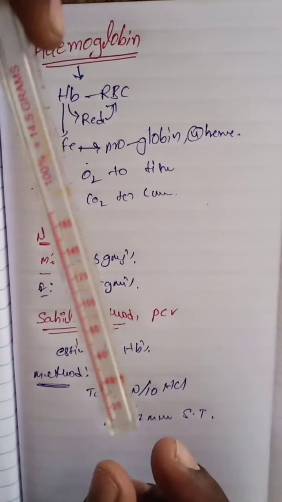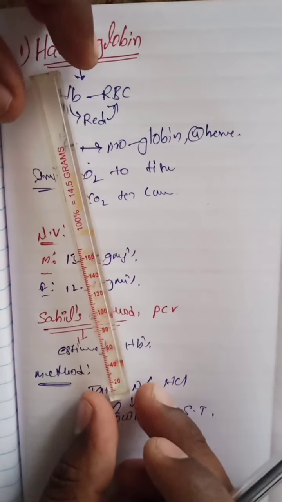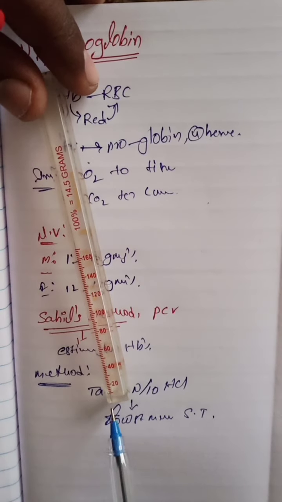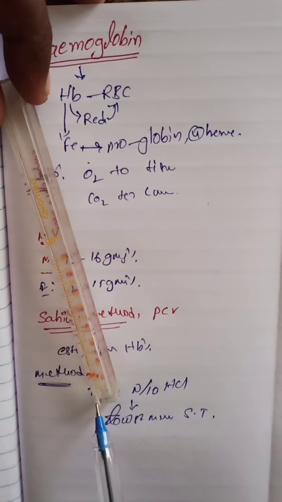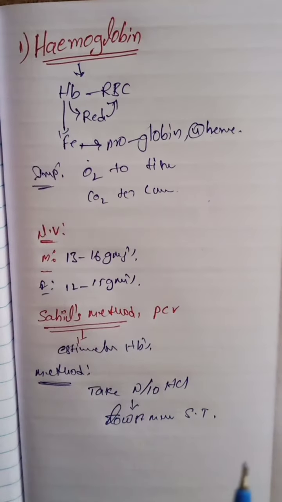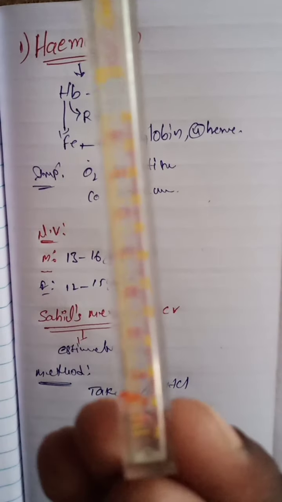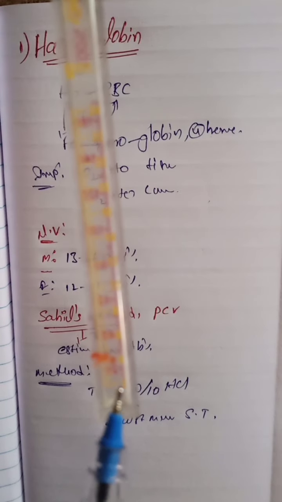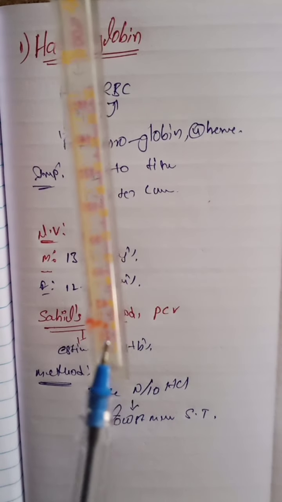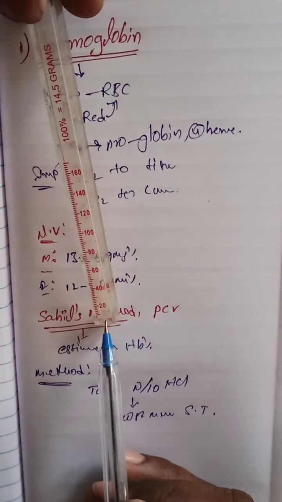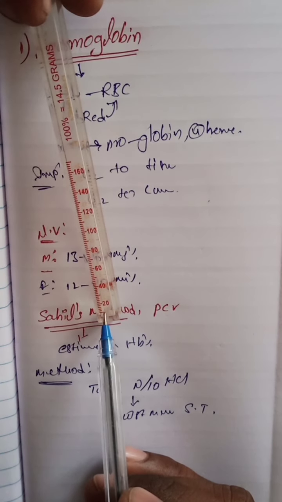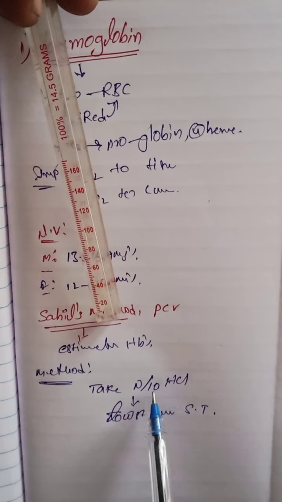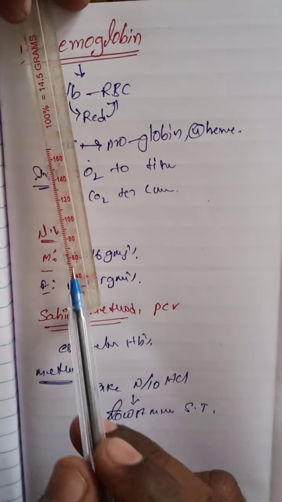Here this is the Sahli's hemo tube. We take the N/10 HCl up to this lowest mark in the tube.